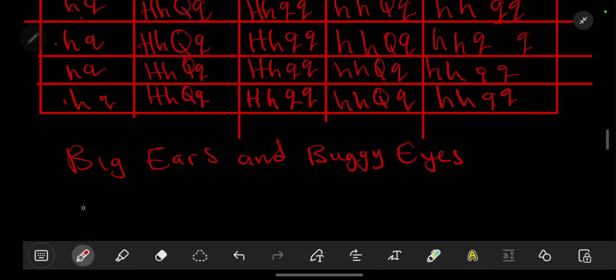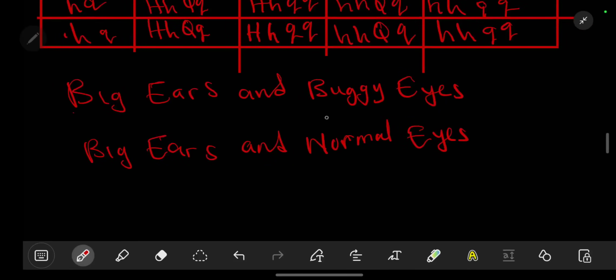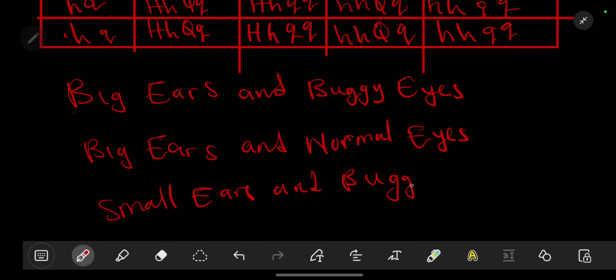Number one. Number two, you have your big ears. So these are the possible outcomes: big ears and normal eyes. Then if these are the possible outcomes, you are going to switch to small ears and baggy eyes.